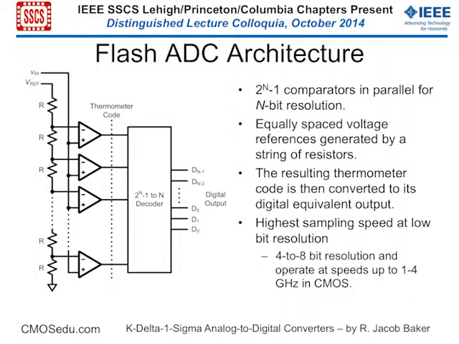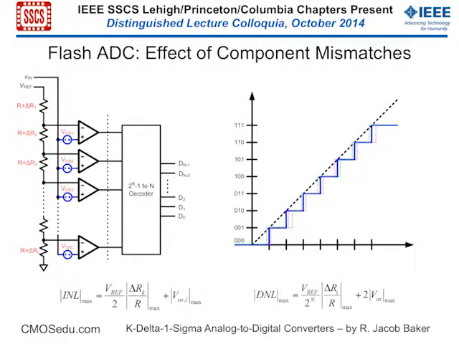The issue is that the size increases exponentially, and so it becomes very limited for high resolutions. Also, there are problems with offsets, and these are serious problems in doing analog design.